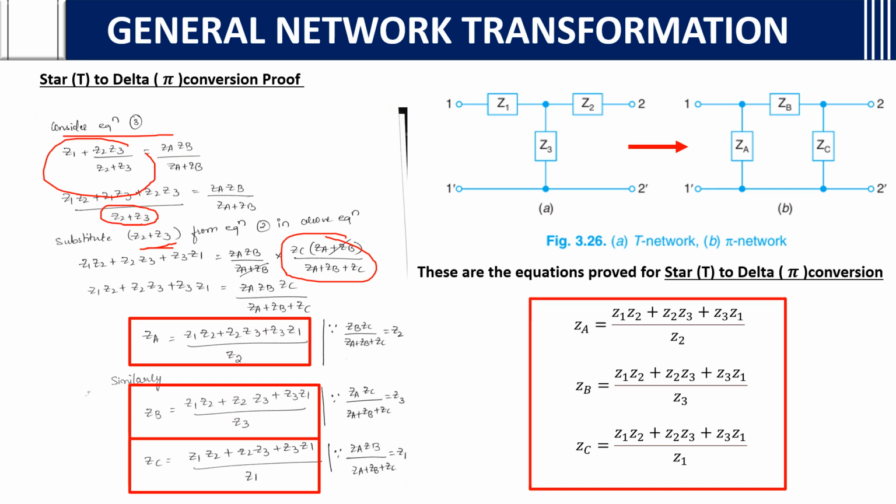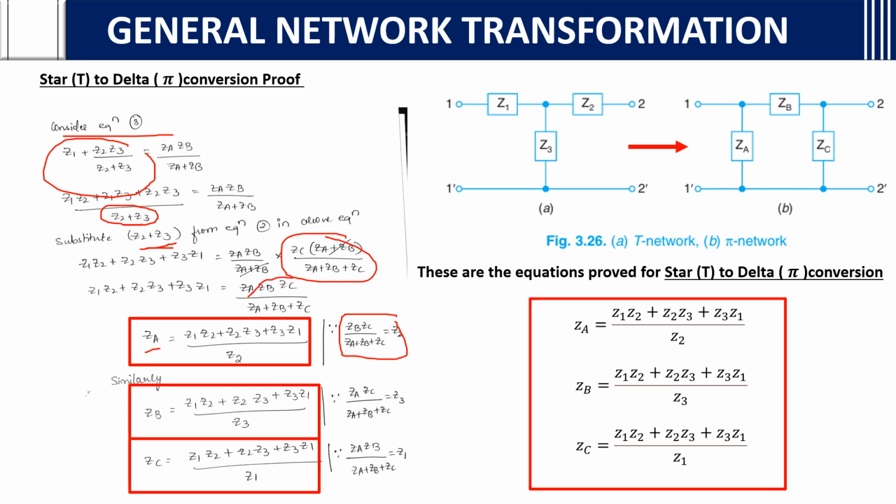From this equation, you can directly get ZA, ZB, ZC, to convert star to delta. How are we getting it? ZA is equal to Z1 Z2 plus Z2 Z3 plus Z3 Z1 by Z2. Why Z2? Because the Z2 equation we already got as ZB ZC by ZA plus ZB plus ZC. So we can put that in this equation.